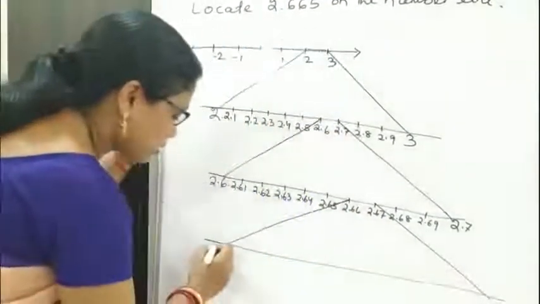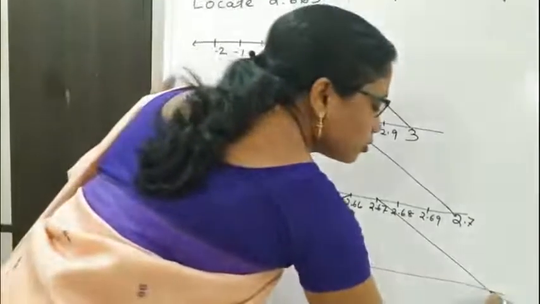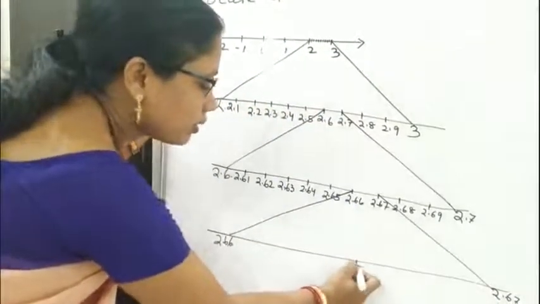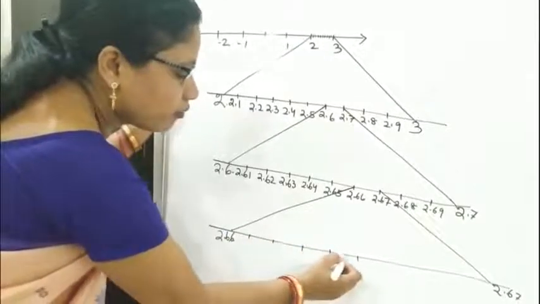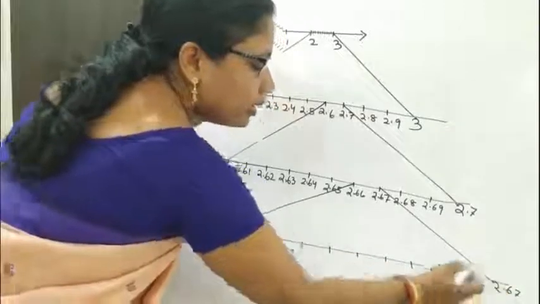So this is 2.66 and this is 2.67. Again we have to divide it into 10 parts. 1, 2, 3, 4, 5, 6, 7, 8, 9 and 10.